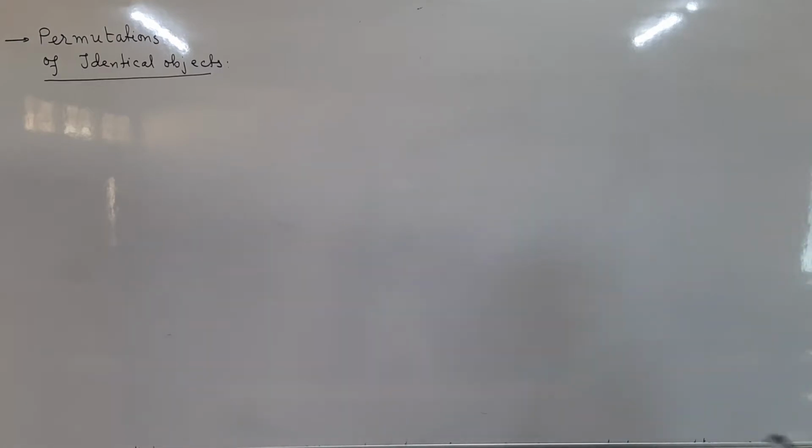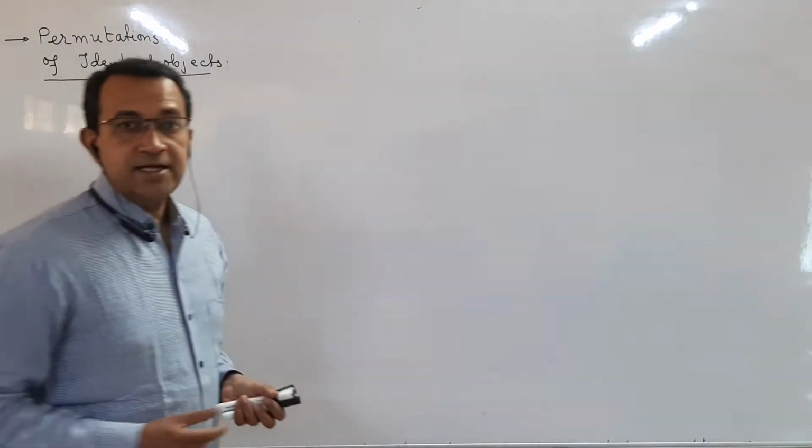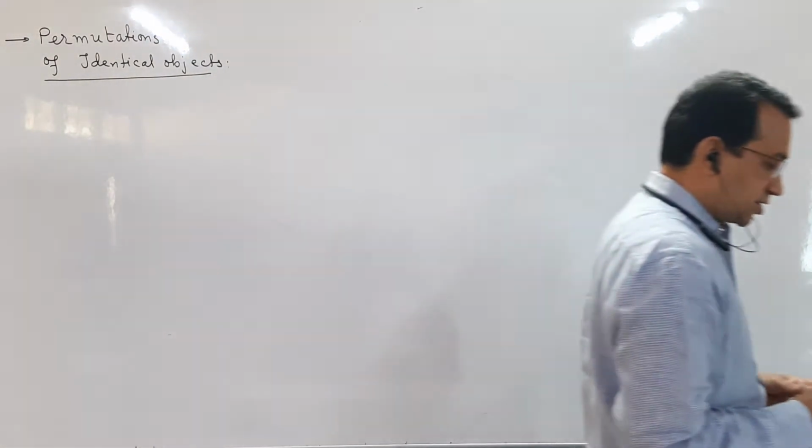Now, we have studied only permutation, where the definition was given: n distinct items, objects or things, out of which r items can be arranged in nPr ways, and that is called permutation of r items.